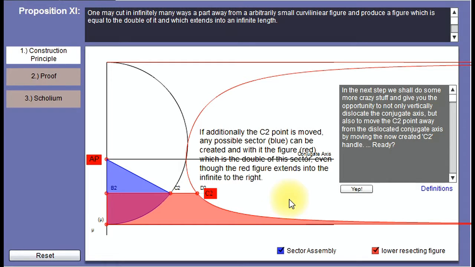And this is first of all clarified by the relationship which we've drawn out between these sectorial triangles, these infinitely small sectorial triangles of which the sector is composed, and the corresponding elementary rectangles of which the resecting figure is composed.